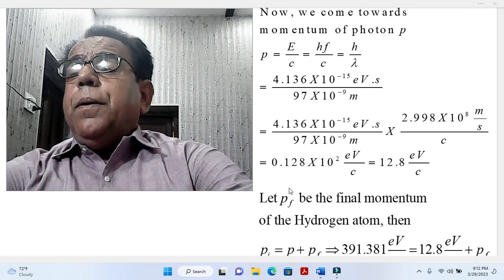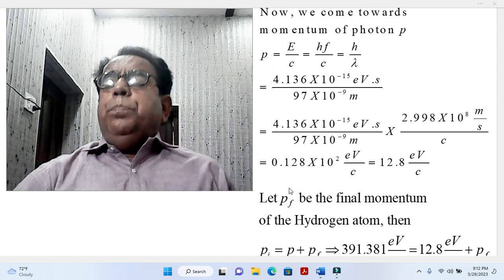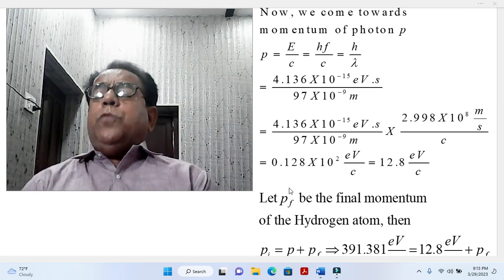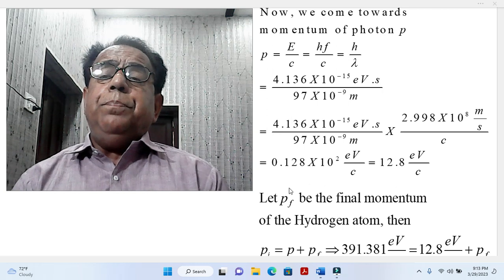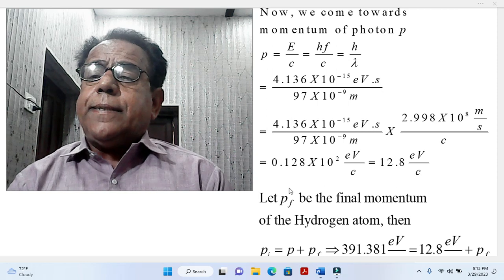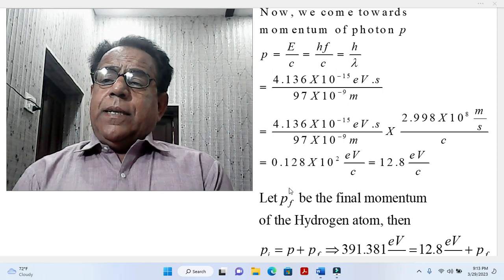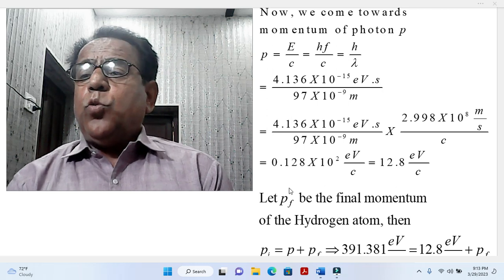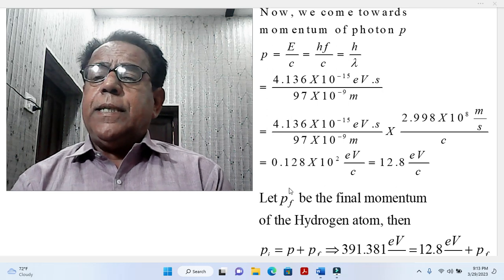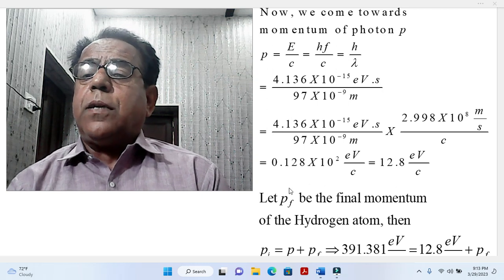However, here the only difference is that in the numerator we are using the value of c in terms of meter per second, while in the denominator we are not disturbing c. c is exactly the same as it is. So after simplification it will become 0.128 into 10 to the power 2 electron volt over c.